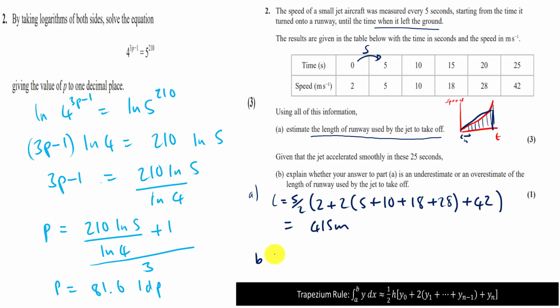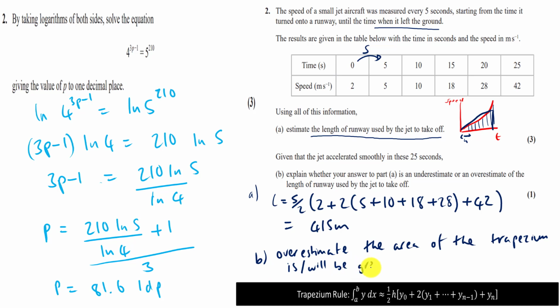Here it's going to be an overestimate because the area of the trapezium will be greater than the area under a curve. So as soon as you spot that it is the Trapezium Rule, this question is not too bad.